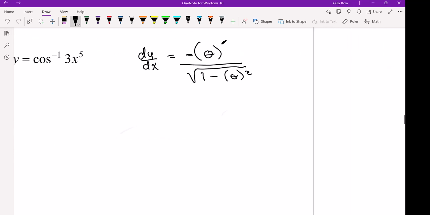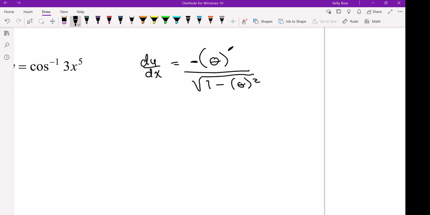So the inverse cosine is almost identical, except you take the negative derivative of the theta.